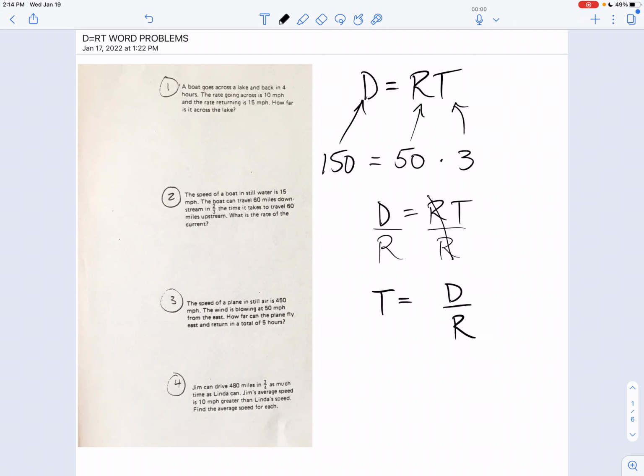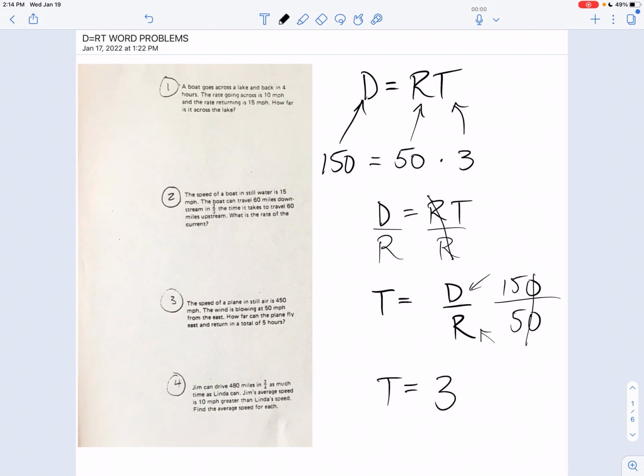So let's do our problem backwards, our little example. If I know that I have traveled 150 miles, and I know that I was going 50 miles an hour, 150 divided by 50, reduce it, that means I must be driving for 3 hours total.